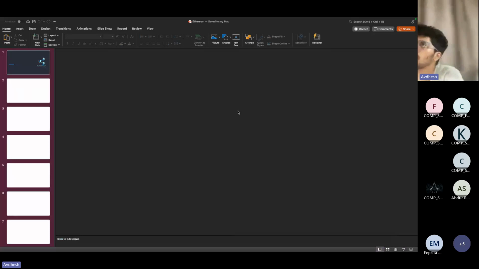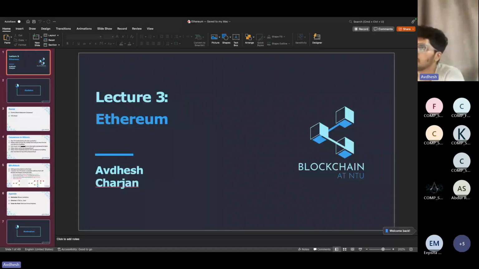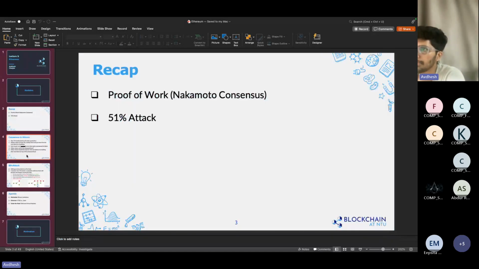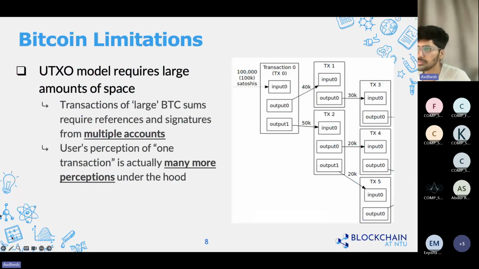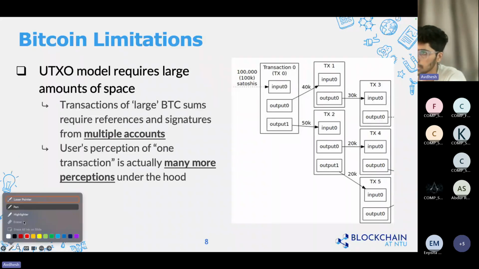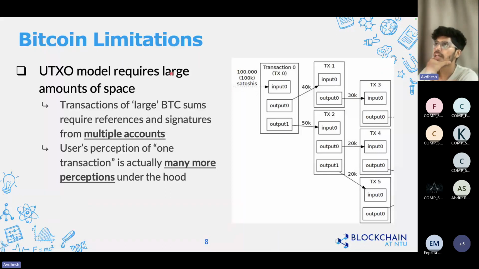So now we have Ethereum. I'll skip the recap. The Bitcoin limitation that we learned was the UTXO model, right?